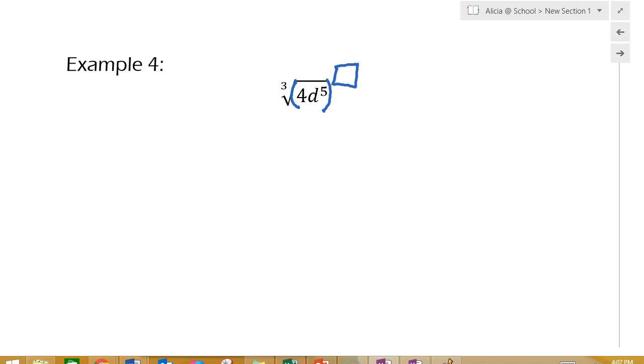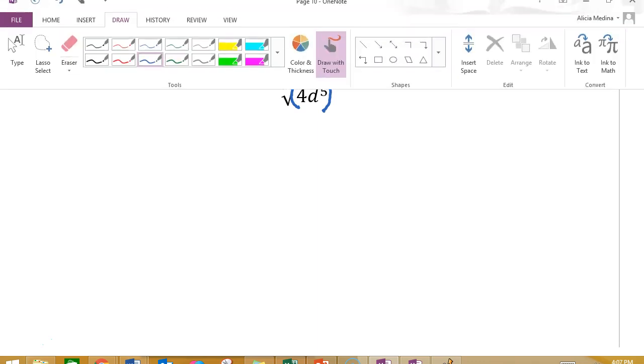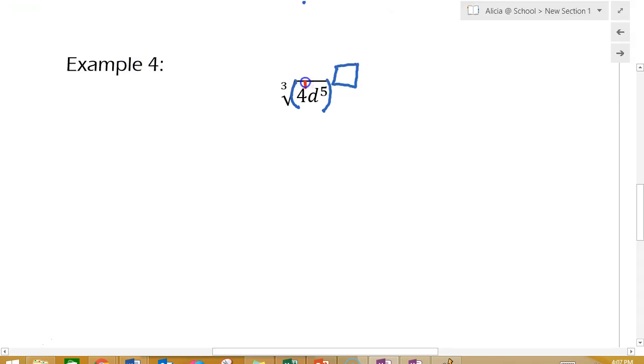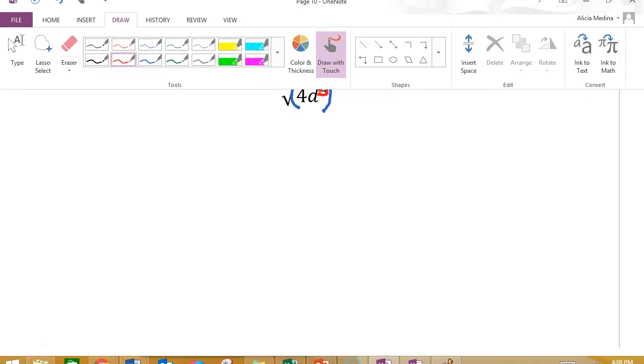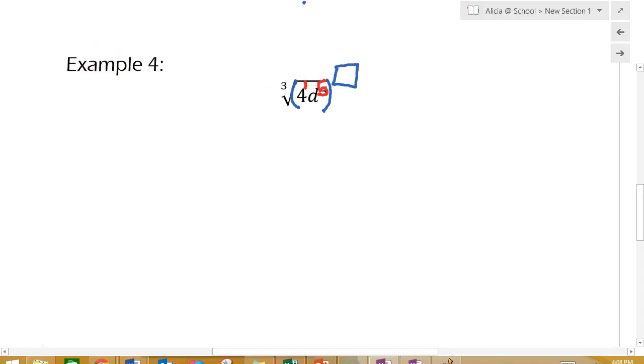And since my 4 has a little invisible power of 1, and my letter D has an exponent of a 5, the overall exponent to the whole base is going to be a 1.